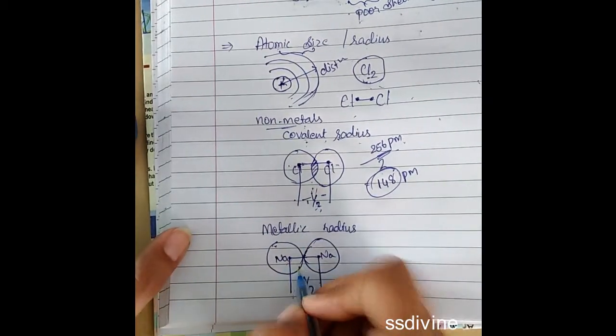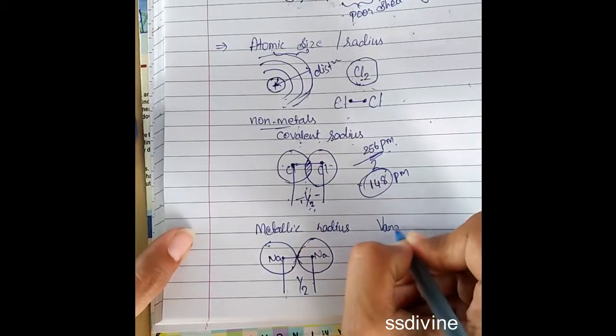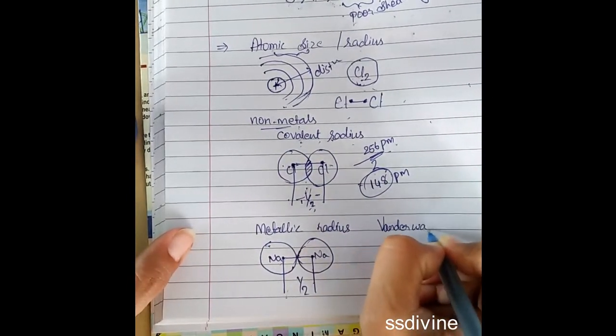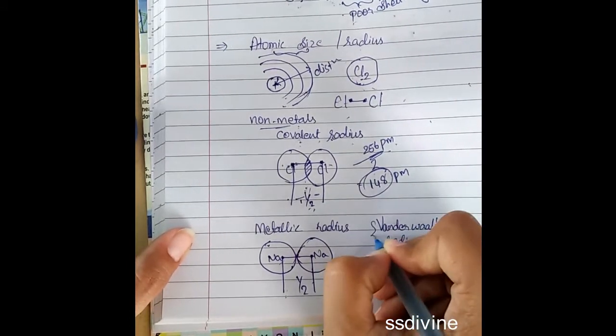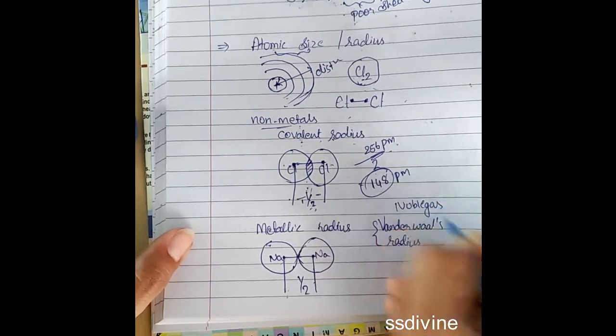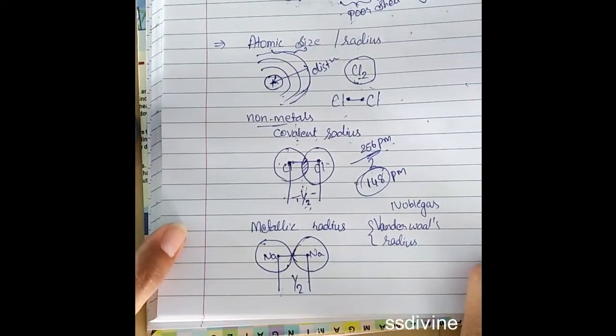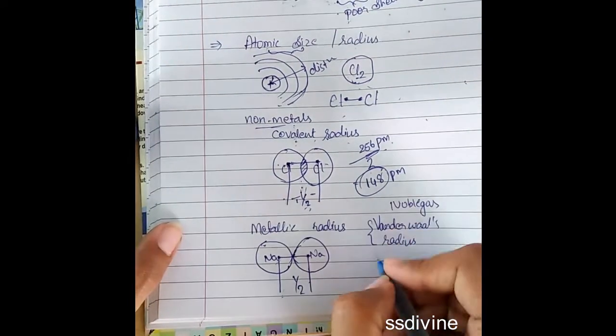This is your metallic radius, and the last radius is van der Waals radius. What is van der Waals radius? It is used for noble gas. We know that noble gases are obtained in monoatomic form, right? तो एक monoatomic का कैसे find करेंगे?